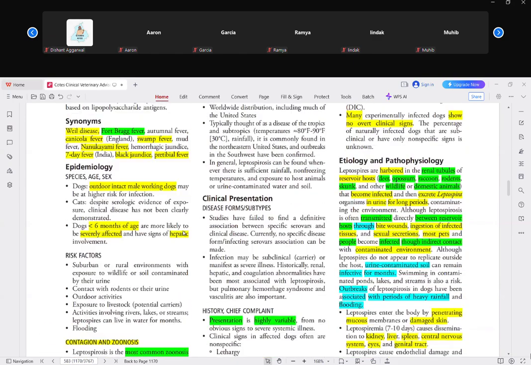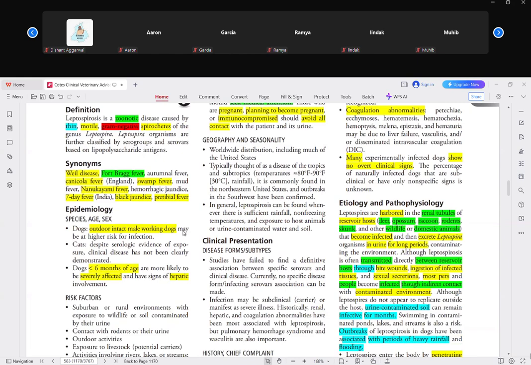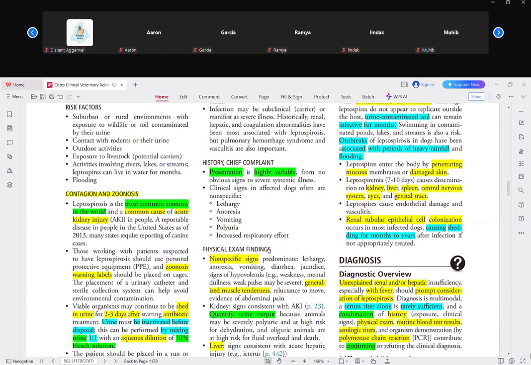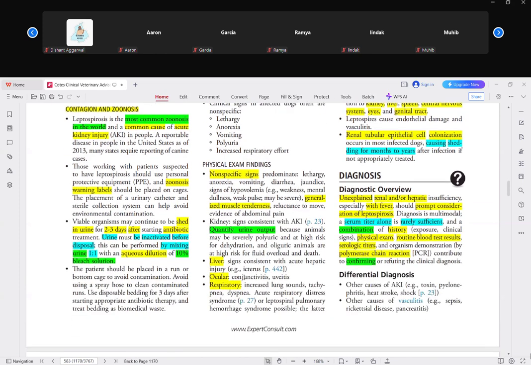As far as the typical case presentation looks like, you're going to find tubulointerstitial nephritis, cholestatic hepatopathy, along with uveitis. That's very much important. Also acute hepatic injury, conjunctivitis, uveitis, and acute lung injury, you can also find.